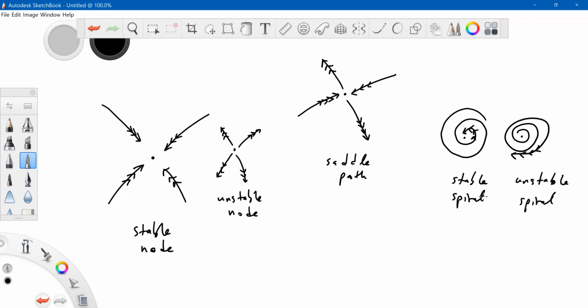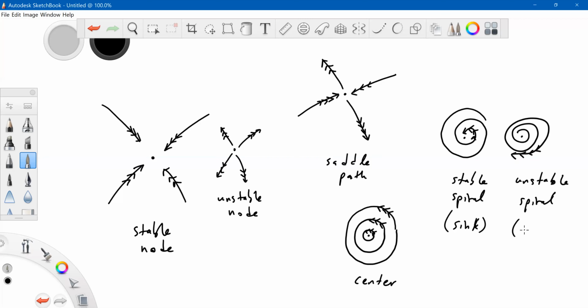You also have a center. This is a center. So a stable spiral is sometimes called a sink, and an unstable spiral is sometimes called a source.